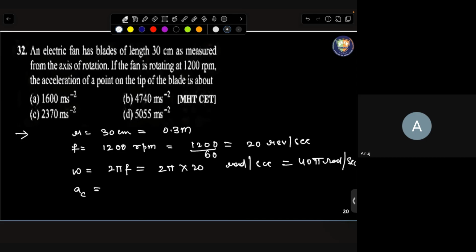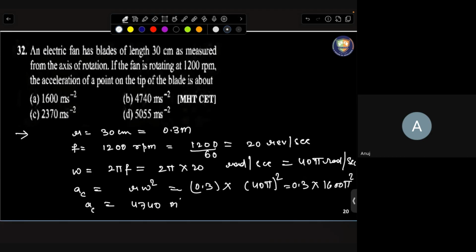Acceleration, we know, is r omega square or omega square r, which is 0.3 into (40 pi) whole square. It is 0.3 into 1600 pi square. We all know pi square is near about 10 only. So finally you will be getting 4740 meter per second square. So this is your answer.